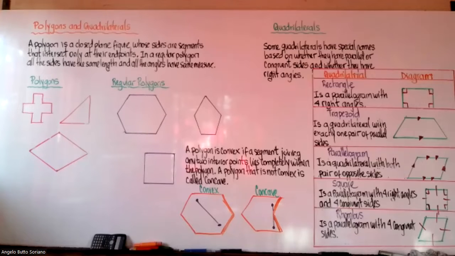But in the square, the four sides will be congruent, and also we have four right angles, okay? And the rhombus has some similarity to the square because the rhombus is a parallelogram also with four congruent sides, but it never says we have four right angles. Okay, this is the difference between the square and a rhombus.